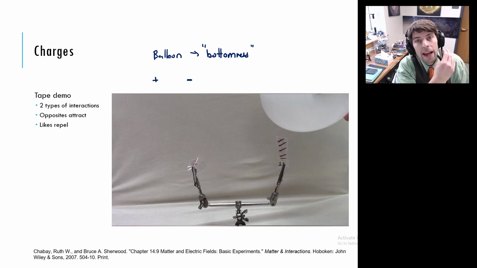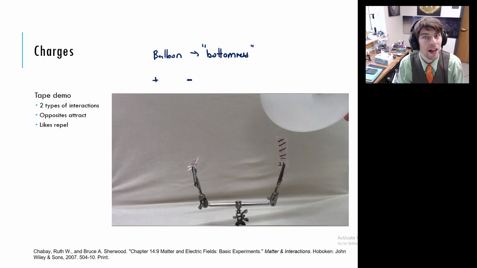So let's now start thinking about how we might be able to measure the force between a top piece of tape and, say, a bottom piece of tape. How would we go about starting to measure those forces?